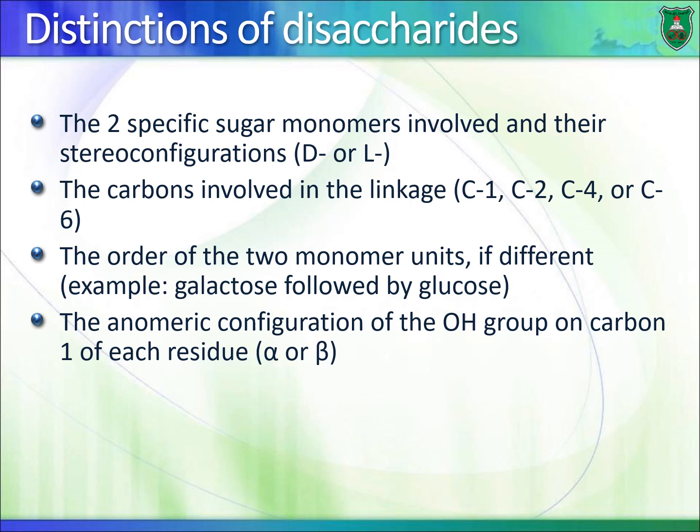Then the final thing is that you need to identify the orientation of the anomeric carbon for both of them, especially the anomeric carbon that is involved in this covalent bond. Okay, remember, whenever we are talking about a covalent bond involving an anomeric carbon, we call this bond a glycosidic bond.